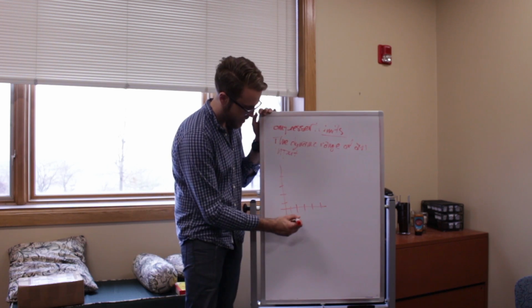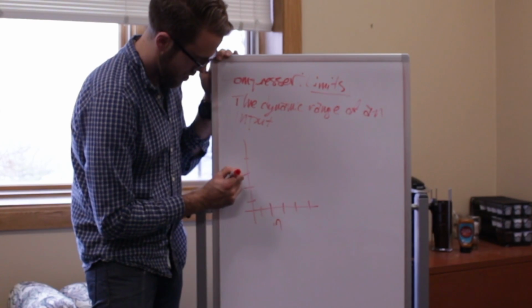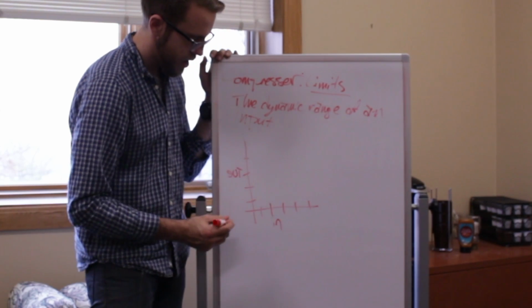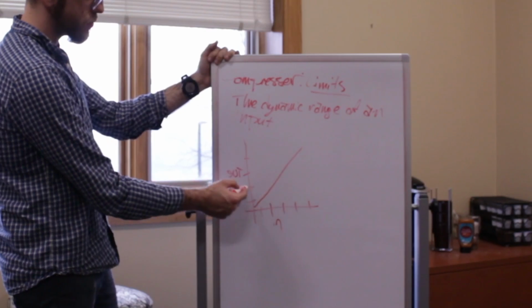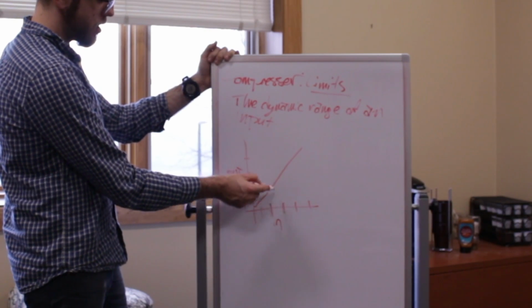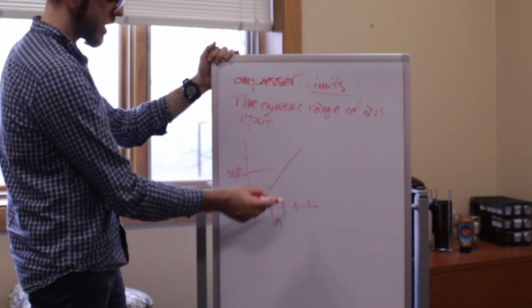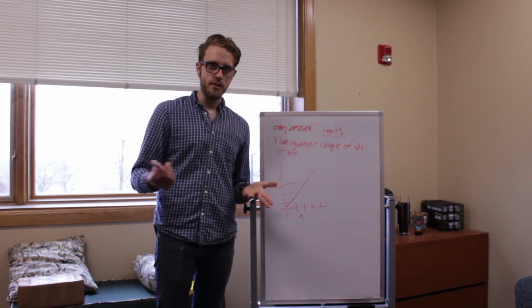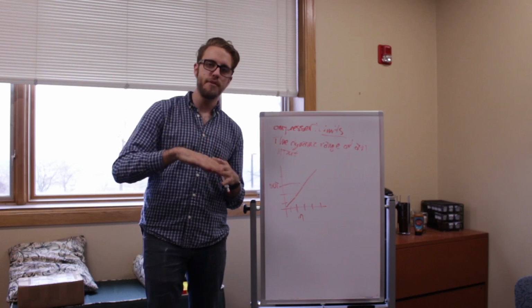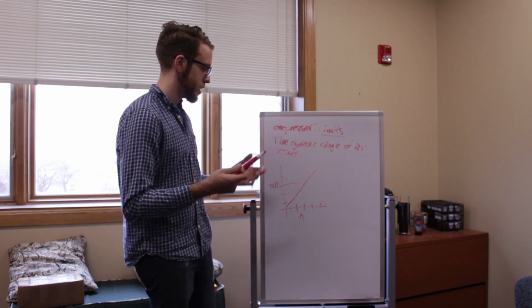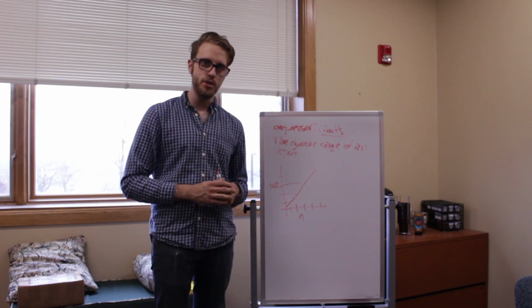If input is down here and we have output over here, we're going to have a linear relationship between the two, because if we have 5 decibels in, we're going to have 5 decibels out. If we have 10 decibels in, we're going to have 10 decibels out. That makes sense. But basically what a compressor does is it knees off the top end of an input signal and squishes the dynamic range.